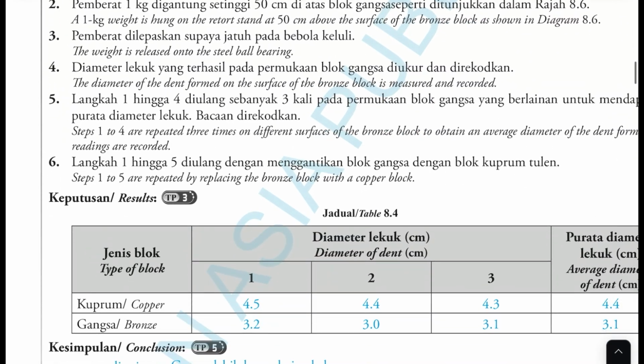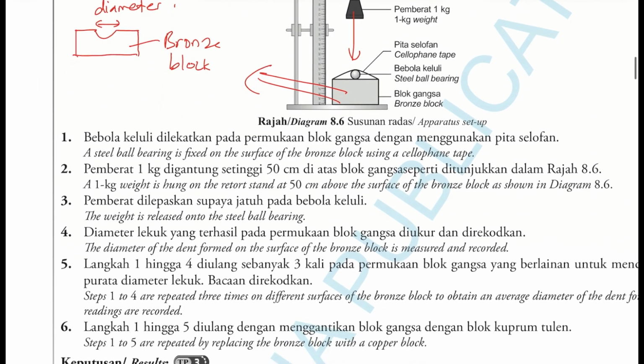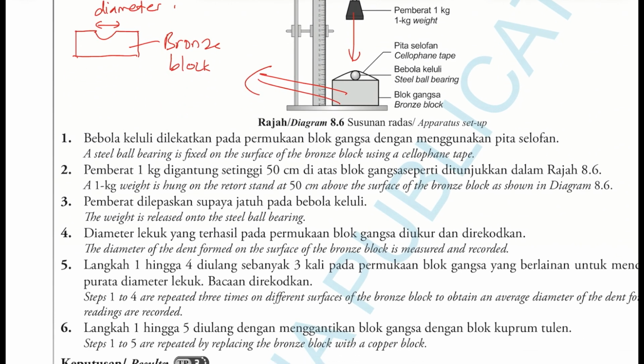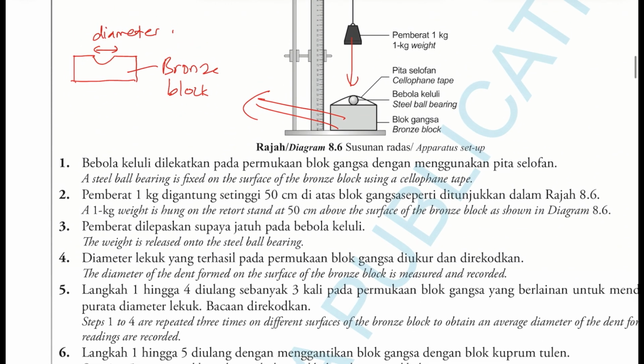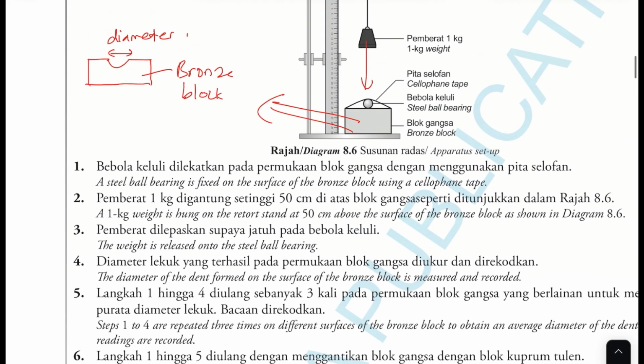Okay, first we use the copper. We use copper, and then we drop the 1 kilogram weight. We measure the diameters of the dent, and then we repeat the experiment by replacing the copper block with the bronze block.